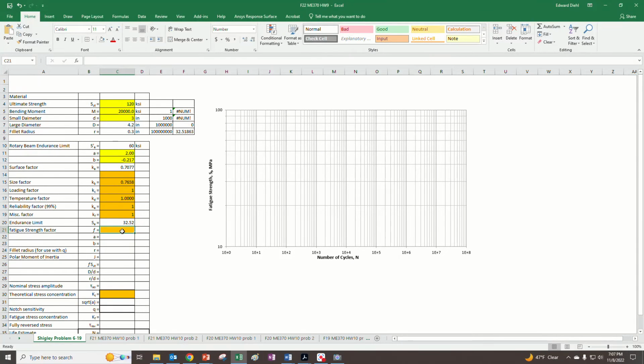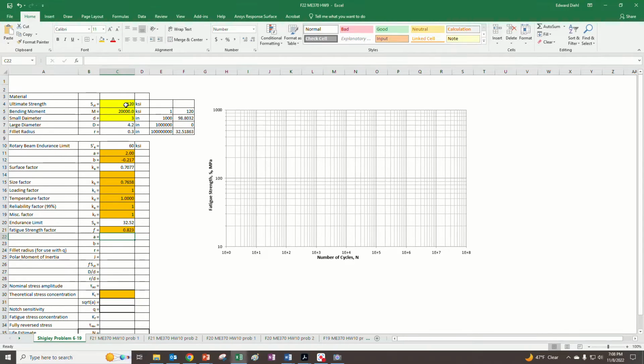I think I usually use orange for stuff that I might want to change, right? I usually use yellow for inputs, and this one maybe should be orange as well, because it depends on what this was. This was for machined, that A and that B. So I'll put in that equation, and that's 1.06 minus 2.8 E minus 3 times ultimate strength, boom, plus 6.9 E minus 6 times ultimate strength squared.